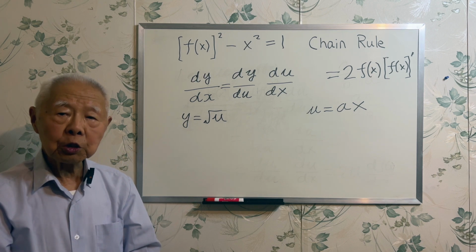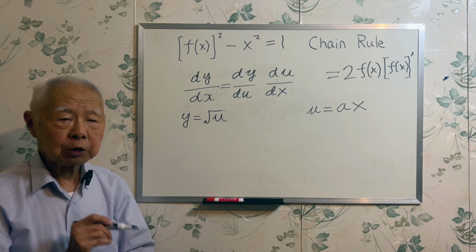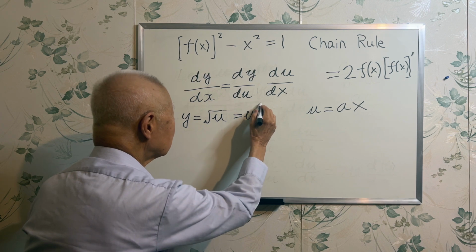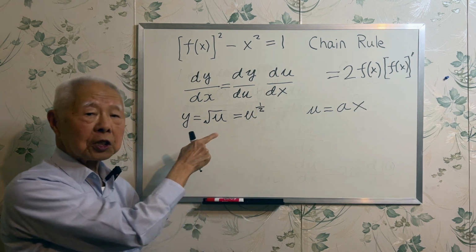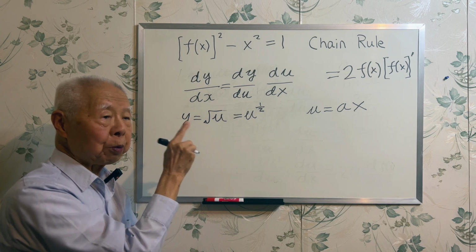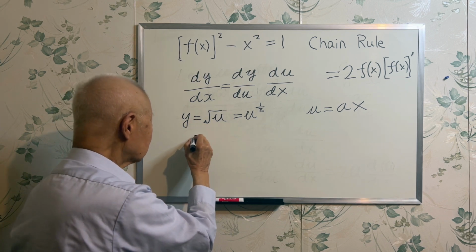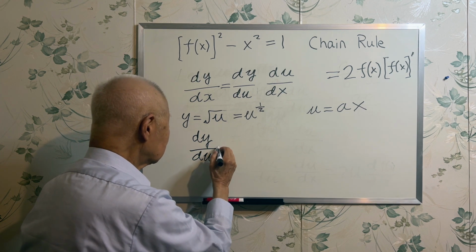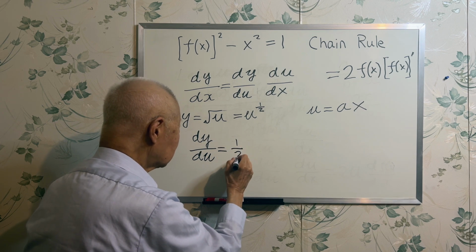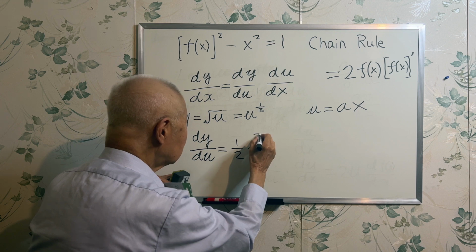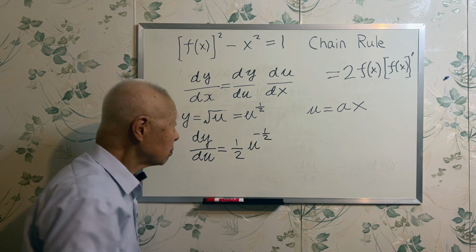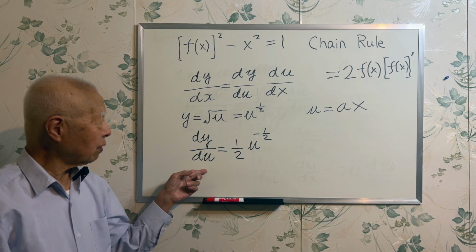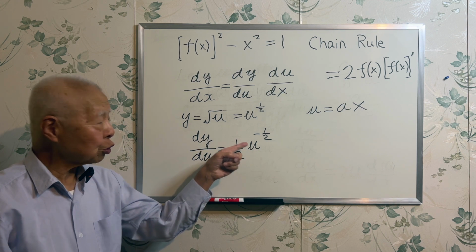y is a function of u. Let's do the derivative with respect to u. This is just rewriting the square root of u as u to the exponent 1/2. So this is the derivative of y with respect to u.